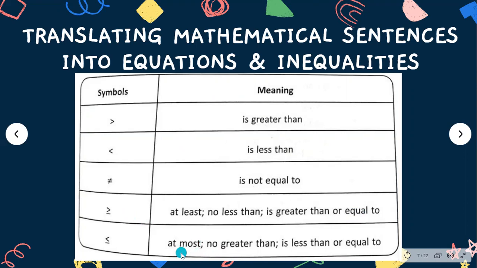And then the last one, at most, or no greater than, is less than or equal to. When we say less than, going to the right yung kanyang open mouth, and then or equal to, merong guhit sa baba. Alright? So that is our symbol. Right? So, pwede niyo po yung tandaan para pagka nag-translate po tayo, alam niyo po ang gagamitin. Alright, next.